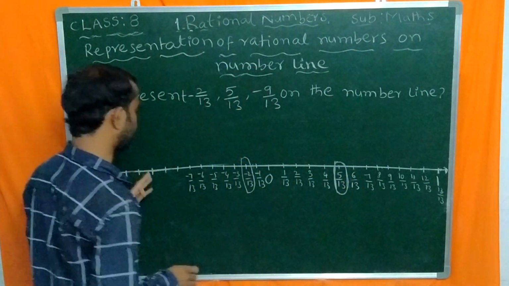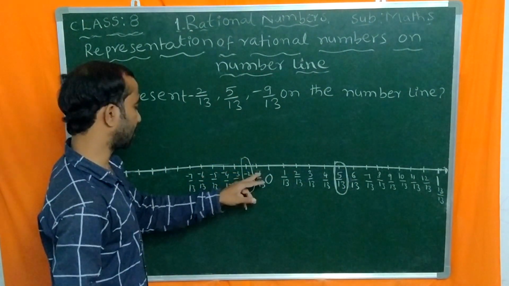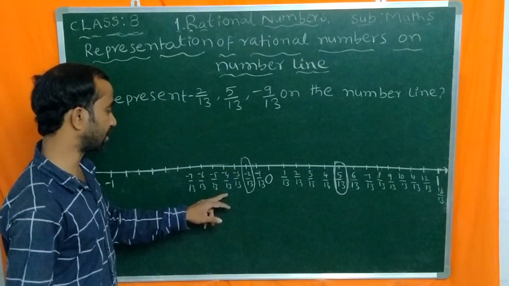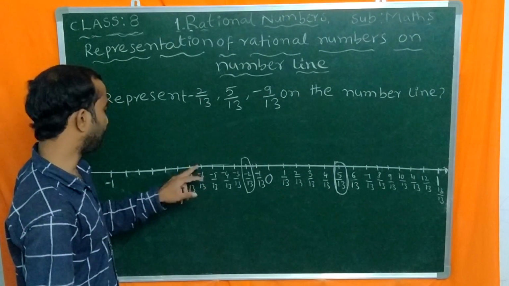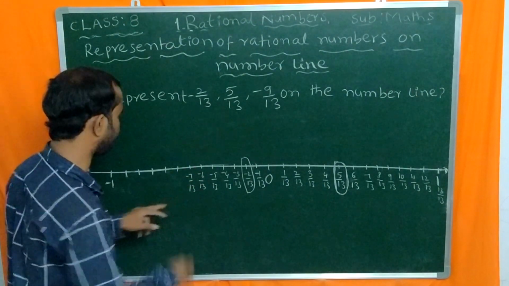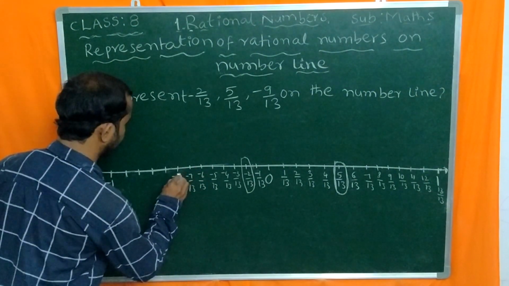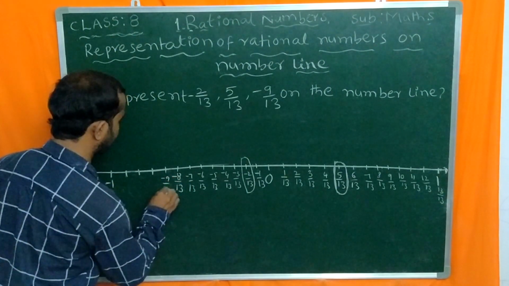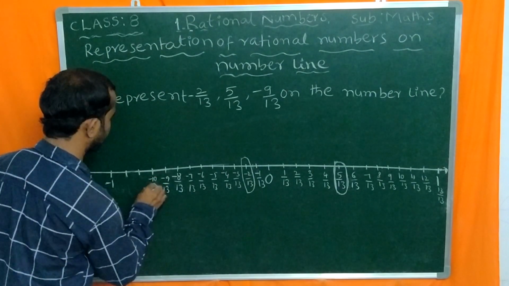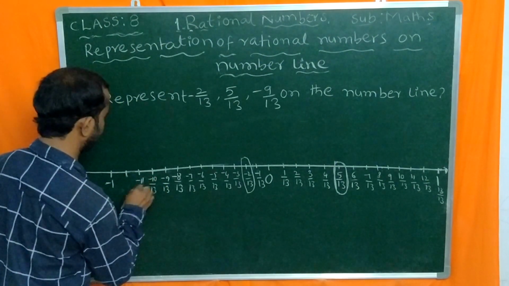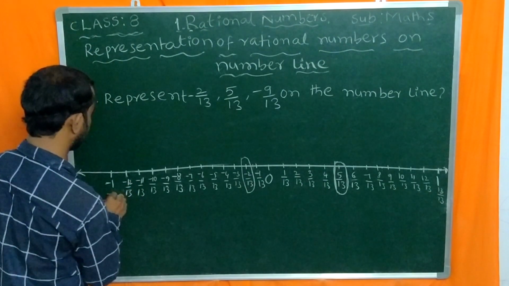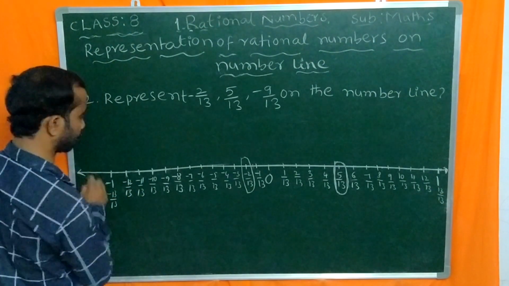Next, left side: minus 1 by 13, minus 2 by 13, minus 3 by 13, minus 4 by 13, minus 5 by 13, minus 6 by 13, minus 7 by 13, minus 8 by 13, minus 9 by 13, minus 10 by 13, minus 11 by 13, minus 12 by 13, minus 13 by 13 means minus 1.